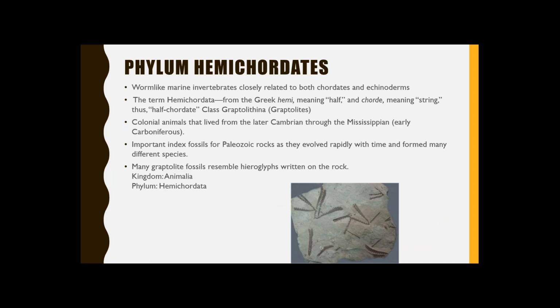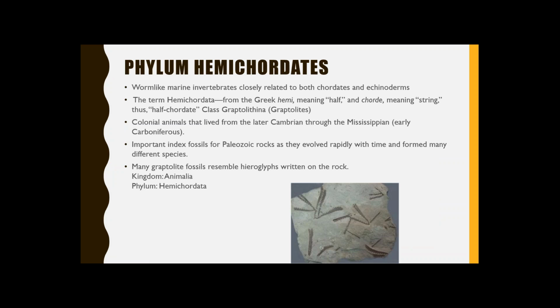Okay, so now we're going to go over the phylum Hemichordates. In this phylum, you only have to know one class and one organism, which is this. They're called graptolites. More generally, hemichordates are marine invertebrates that look like worms.